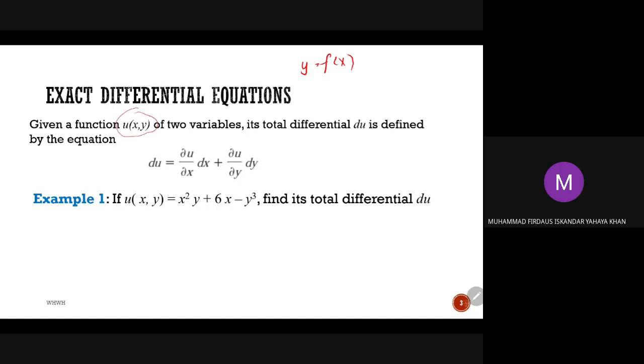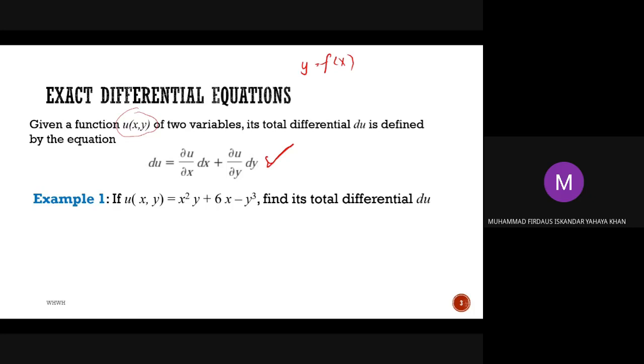So its total differential du, when you want to differentiate this function u(x, y), maknanya kita ada dua variable, x and y, both are variables, not the constant. It's defined by this equation: du equals to del u over del x dx plus del u over del y dy.